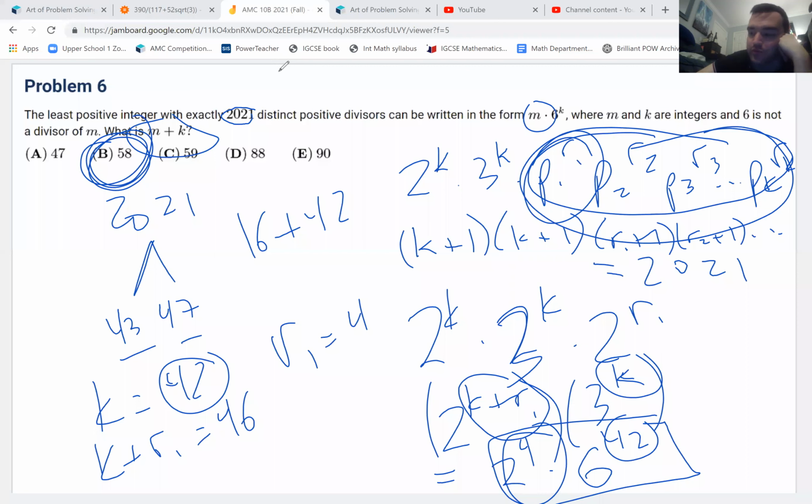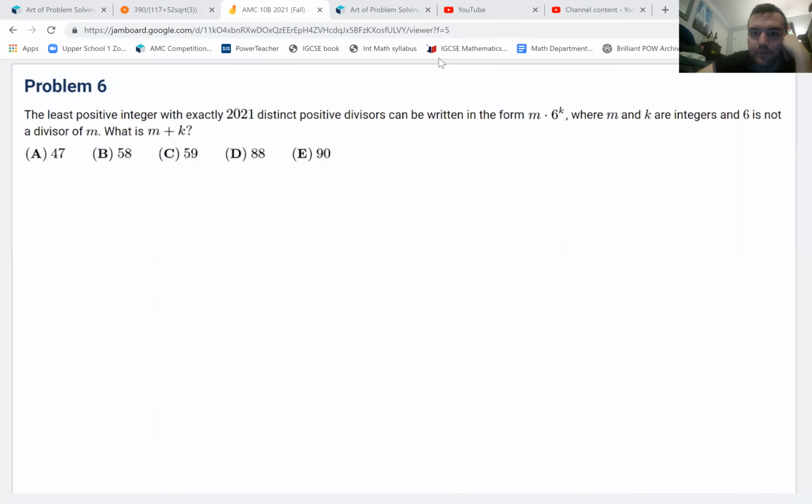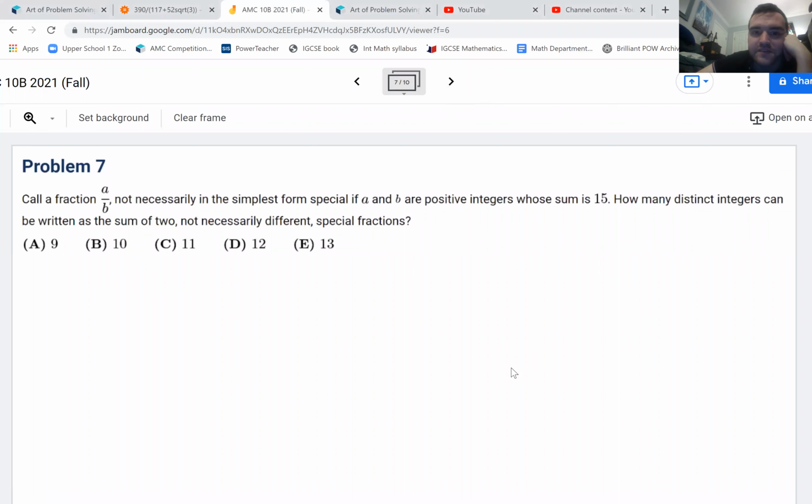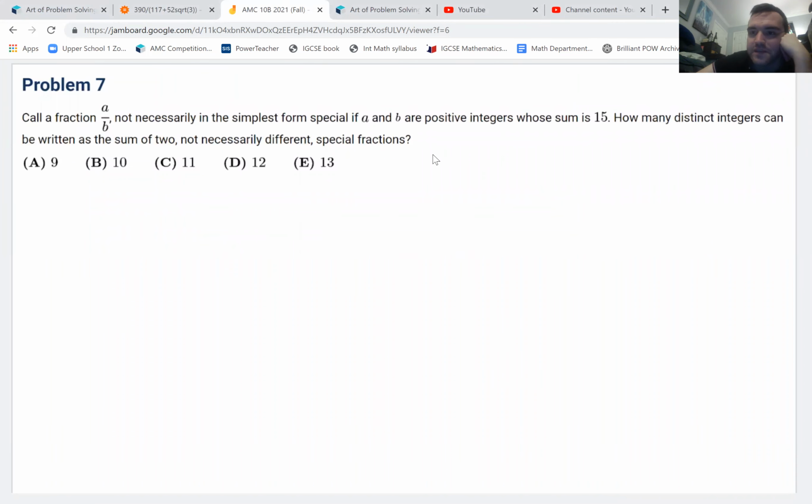Now, number 7, if it's the problem I'm thinking of. Yes, this problem drove me mentally insane. I think this was the first problem that I tried to do officially, and it drove me absolutely mental. I was trying to think of a systematic way to do it, an algebraic way, because I don't like trial and error.